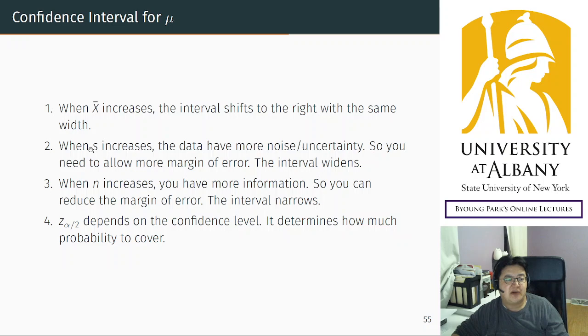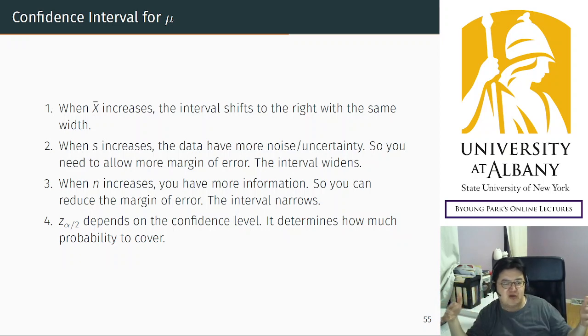And now let's think about the standard deviation. If the standard deviation increases, that means a single outcome has larger standard deviation, which means data have more noise, more variability, more dispersion, more inequality, more uncertainty. We can think of it in many different ways. Anyhow, there is more noise in the data, so you have to allow more margin of error.